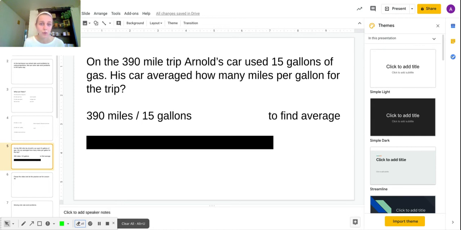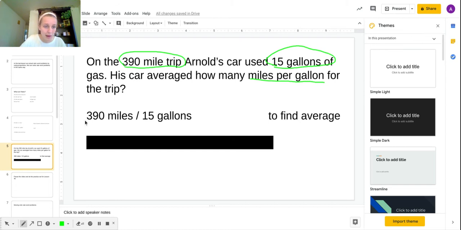Okay, so what do we know? We know how many miles he traveled. We know how many gallons of gas he used. And it's asking us how many miles per gallon for the trip. So even just breaking down the language, we need miles per gallon.